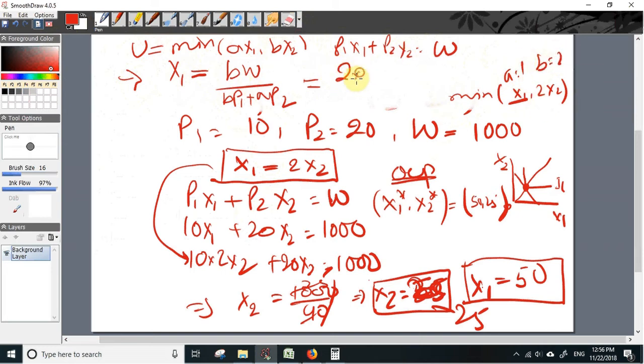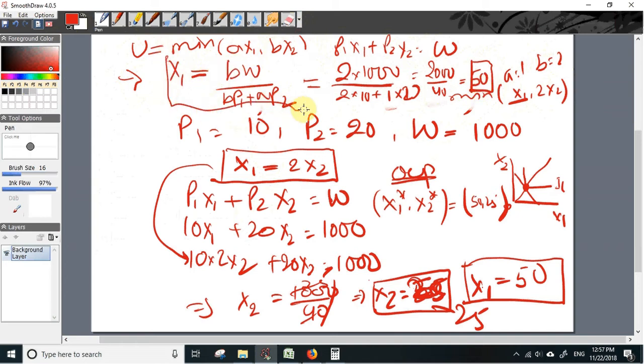So this is 2 times 1000 over 2 times p1, which is 10, plus a, which is 1, times p2, which is 20. So this is 2000 over 40, which is 50. So the optimal commodity purchase of the first commodity is 50, which can be derived from this formula too.